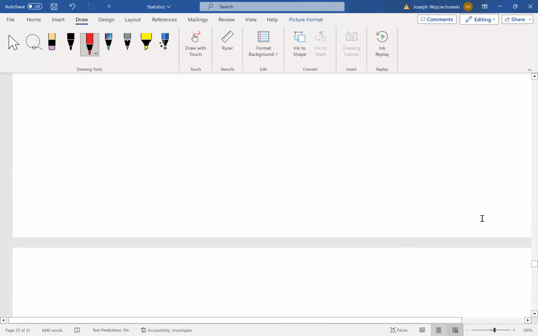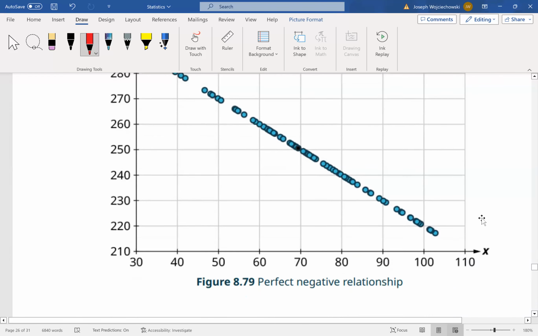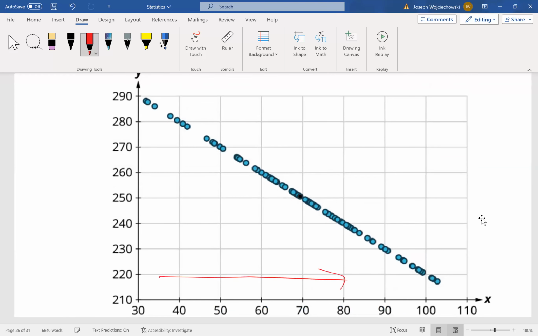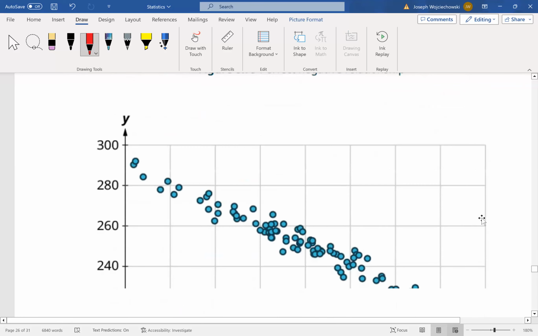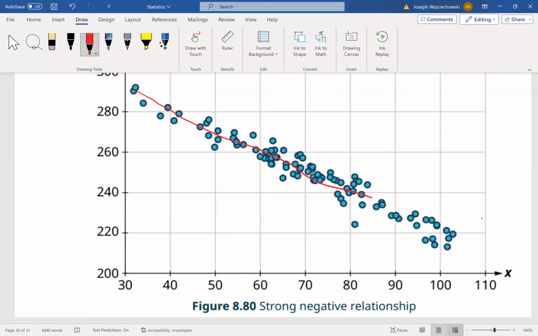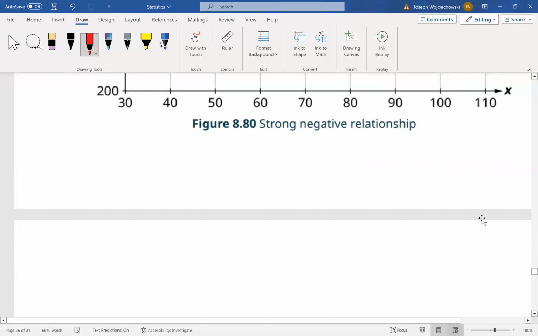So let's look at some examples. Here, this one looks beautiful, right? Perfect negative relationship. Note as our horizontal variable increases, our vertical variable decreases. So it's perfectly aligned and it's negative. Here, on the other hand, not so perfect, but there's probably a line we can use somewhere along this way. And again, it's all pretty close to that line. So that would be a strong negative relationship.